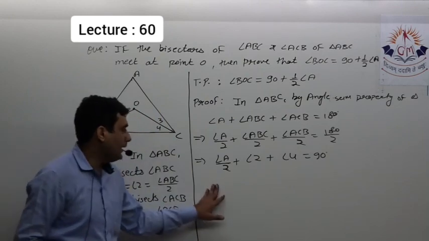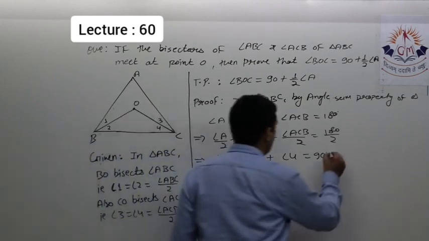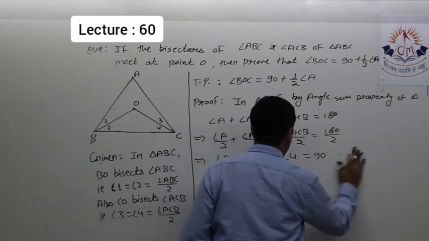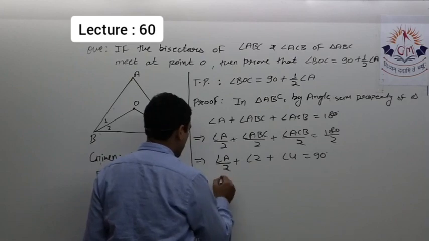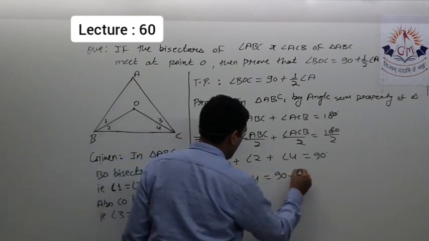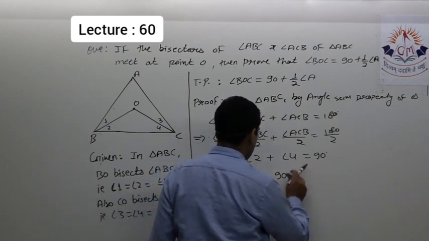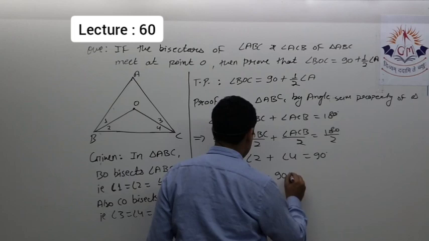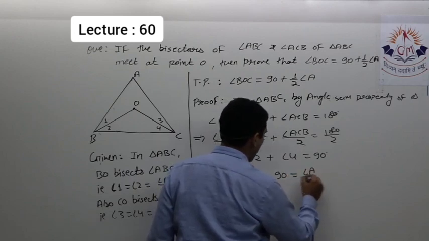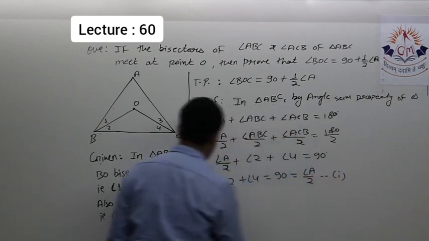Okay, angle A by 2 plus angle 2 plus angle 4 is equal to 90 degree. So angle 2 plus angle 4 is equal to 90 minus angle A upon 2. Let this be equation number 1.